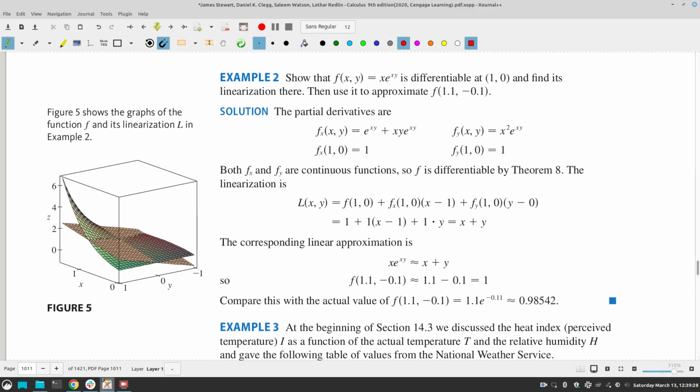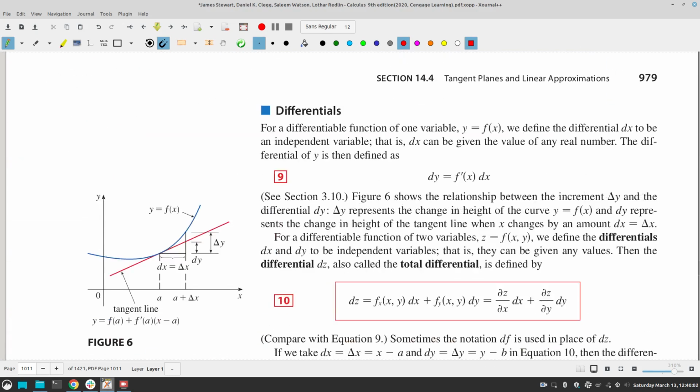And of course, fx and fy are continuous functions, and hence f is differentiable at x0, y0, and the linearization is of course the equation of the tangent plane. The linearization gives you the approximation at (1.1, -0.1) to be equal to 1, and from the function value you get 0.98542, which is pretty close.